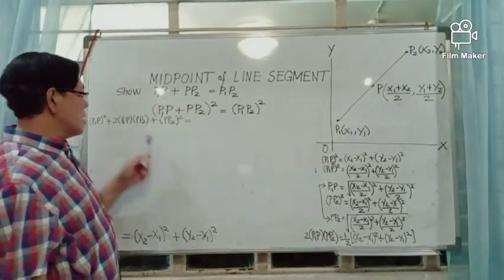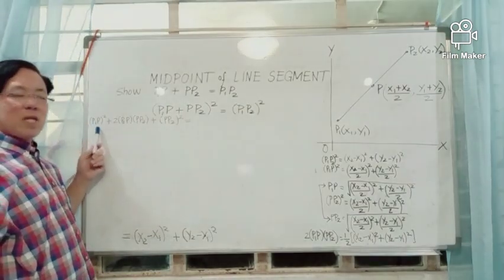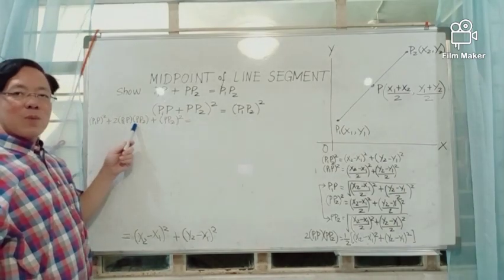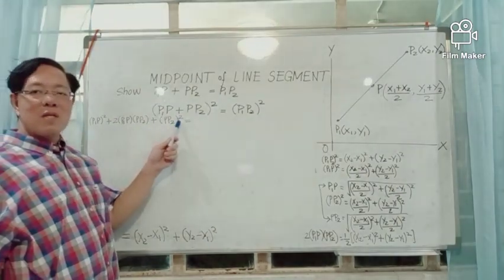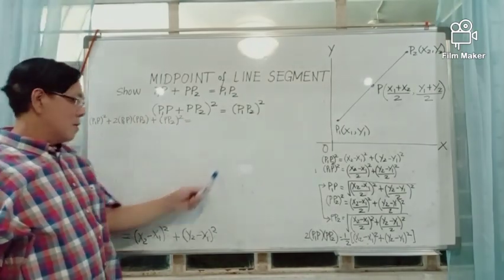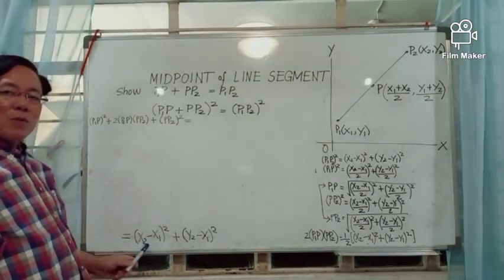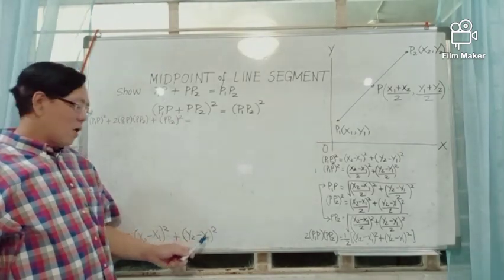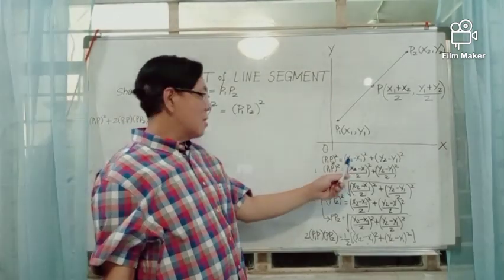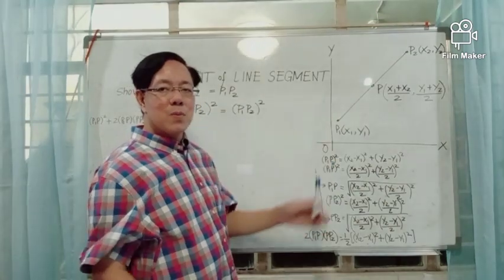We have shown that if we substitute the values of the square of the distance between P1 and P and the square of the distance between P and P2, and we simplify, we simply get the sum of the square of x2 minus x1 and the square of y2 minus y1, which we have shown earlier is equal to the square of the distance between P1 and P2.